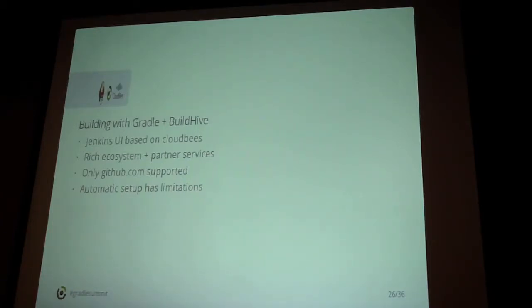They set up a Jenkins engine or environment where you can configure your Jenkins jobs. At the moment, they only support GitHub as a repository. They have a rich ecosystem and some good partner services to integrate other things like Bintray, for example.